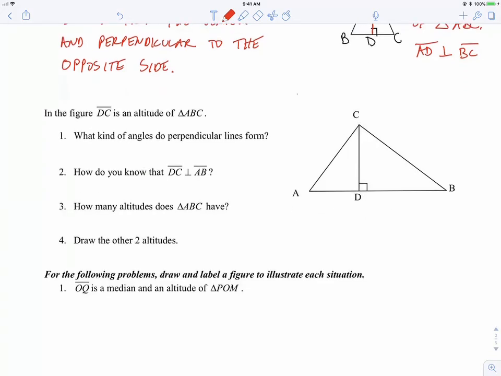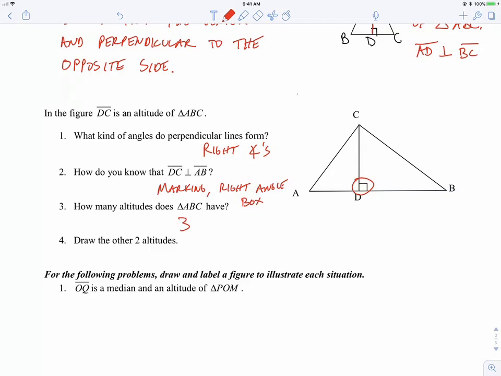What kind of angles do perpendicular lines form? Right angles. How do you know that DC is perpendicular to AB? The marking. It's a right angle box, I'll call it. All right, this guy right there. How many altitudes does triangle ABC have? It will have 3 because I can draw one from each vertex.